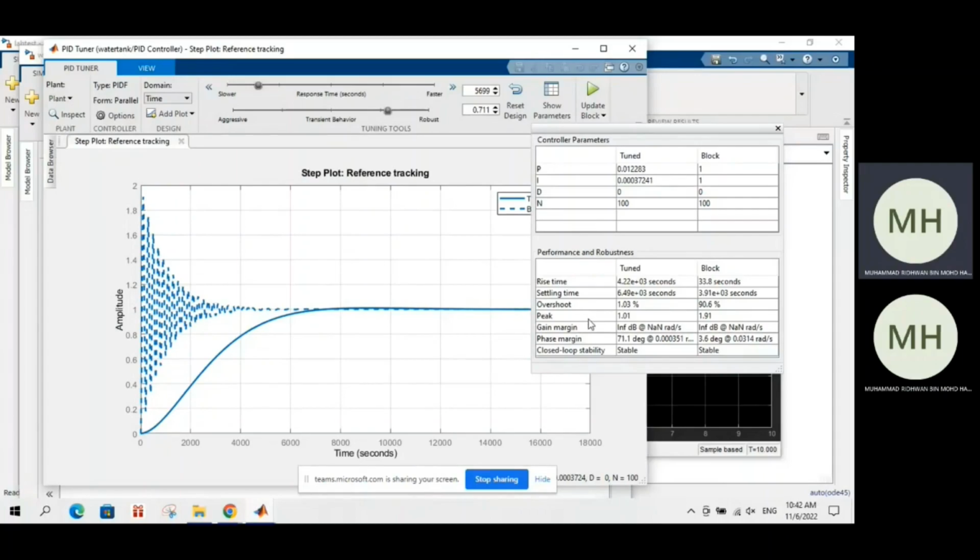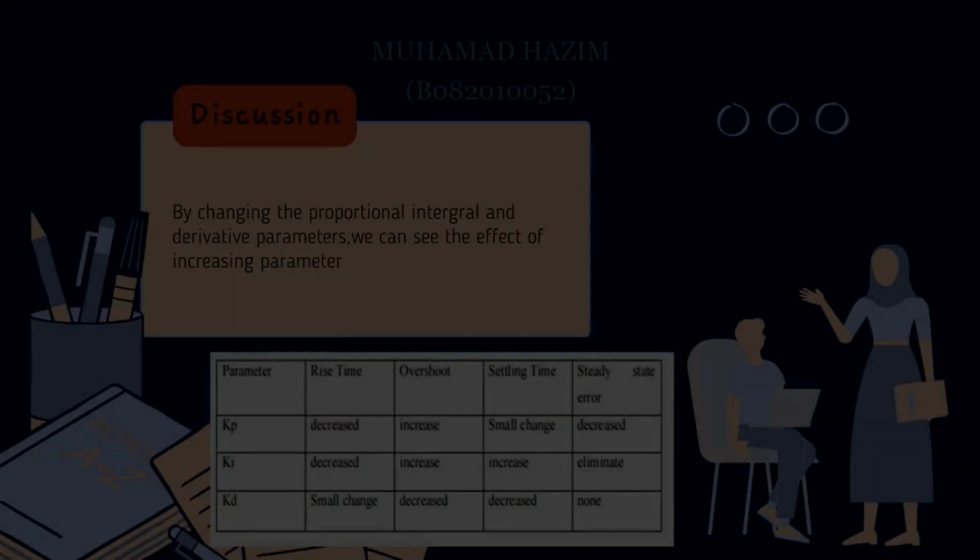As you can see, the performance and the robustness for the step plot is stable, and the overshoot is below 5%, which means that the flow has no problem. That's all from me. Thank you.